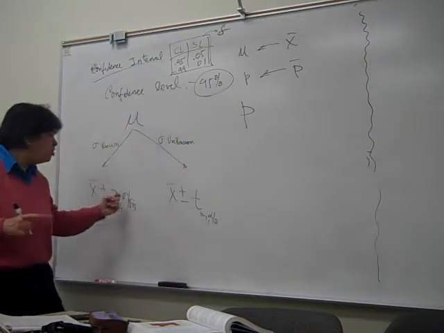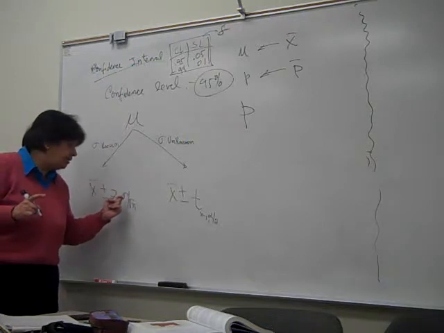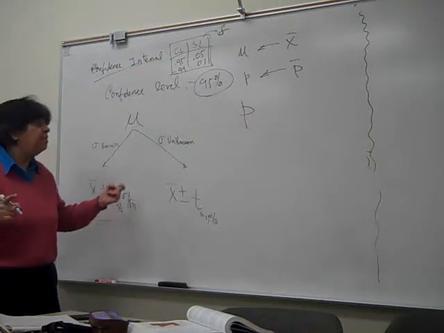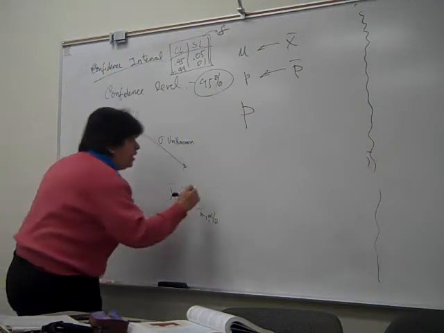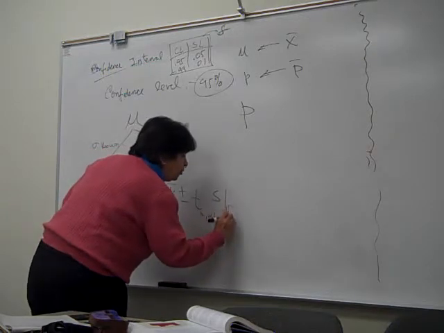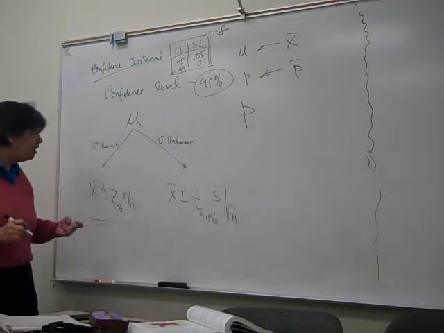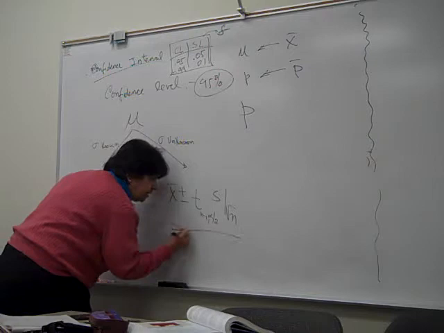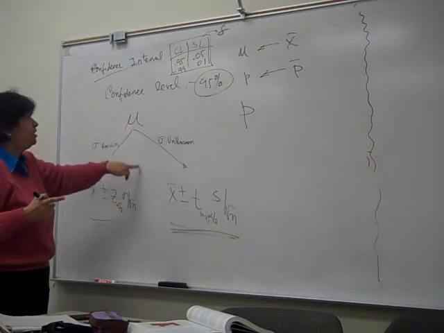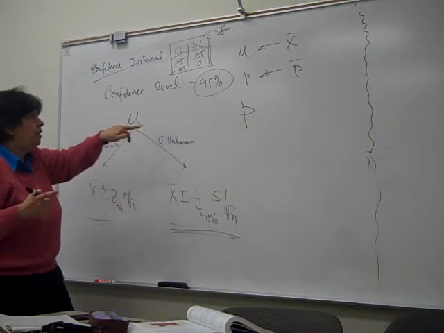And since we do not have the standard deviation of the population, then we need to use the standard deviation of the sample divided by the square root of n. Okay? And this is the confidence interval when sigma is unknown. The confidence interval for the population mean.